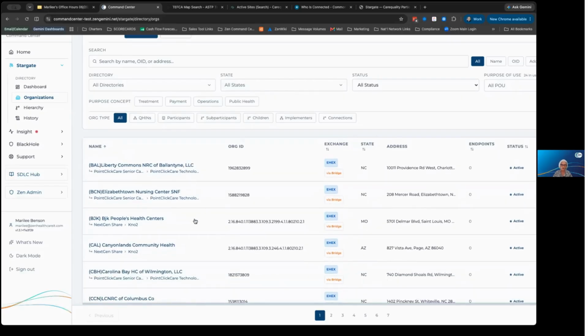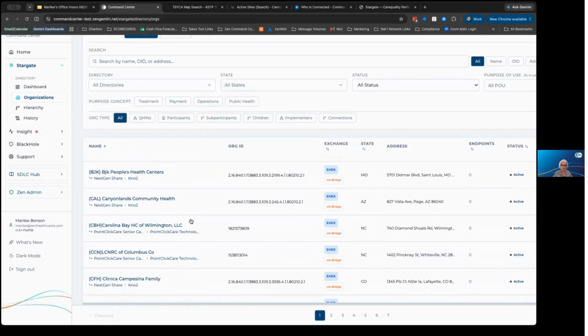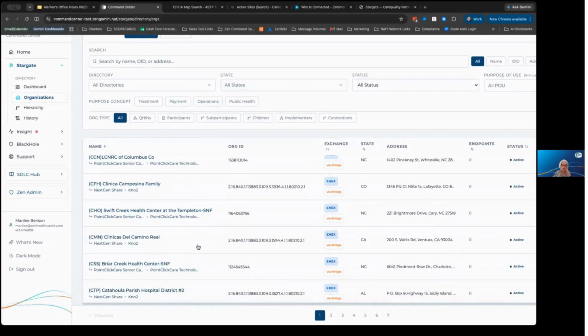These hierarchical relationships are very important. Here's one that's a next-gen user associated with No2 in the Carequality network. So the hierarchies can really help untangle things, as Scott was mentioning.